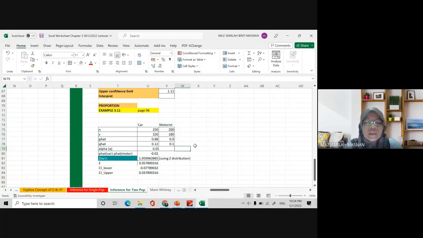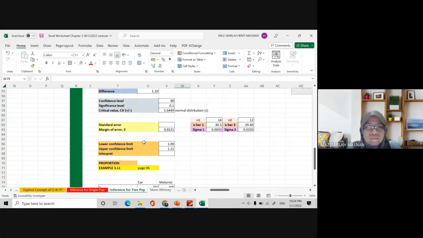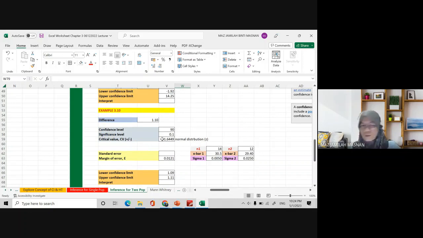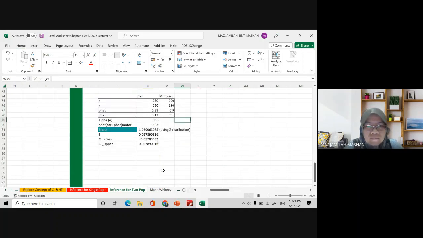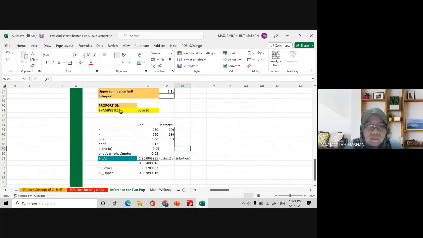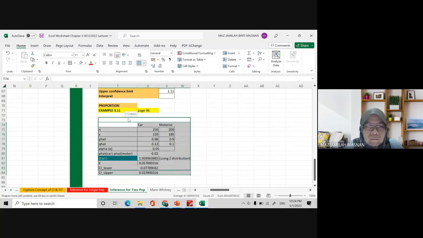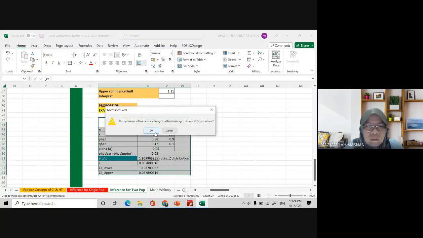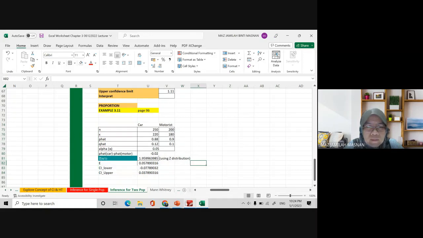involving the proportion of two populations. So do you want to stop here or do you want to try the exercise for proportion difference? Class, do you want to stop here? Class?